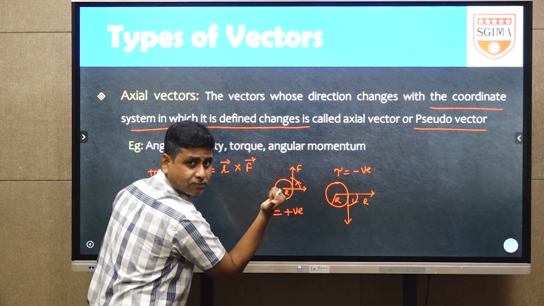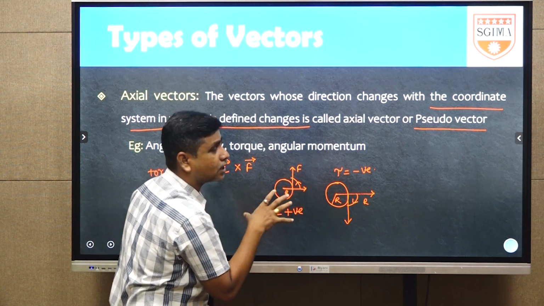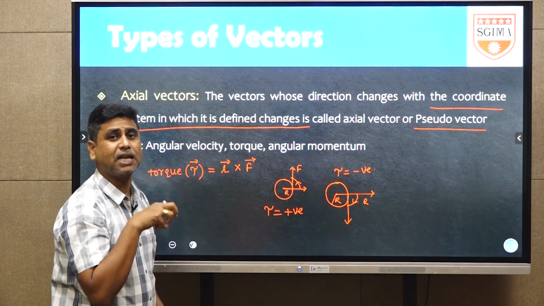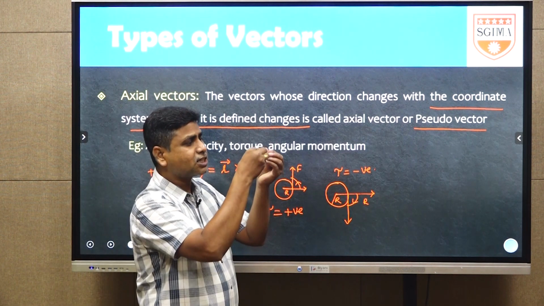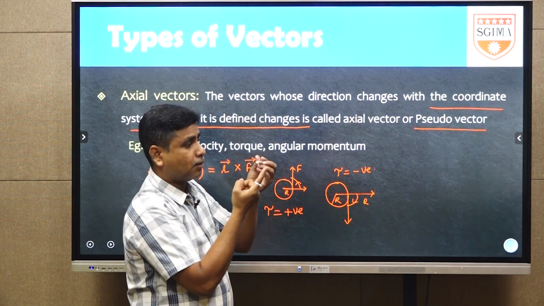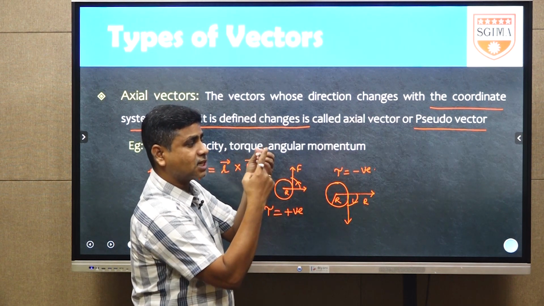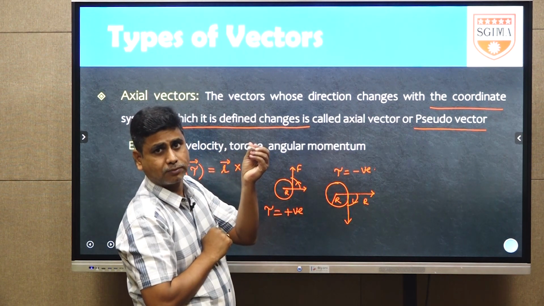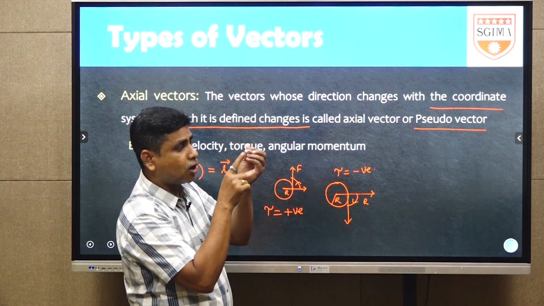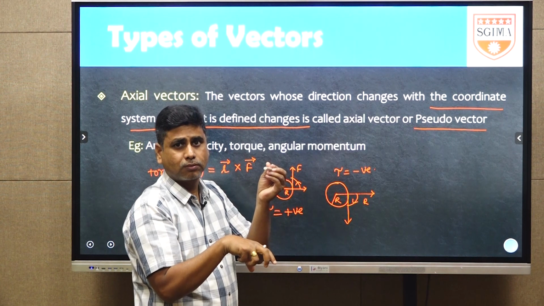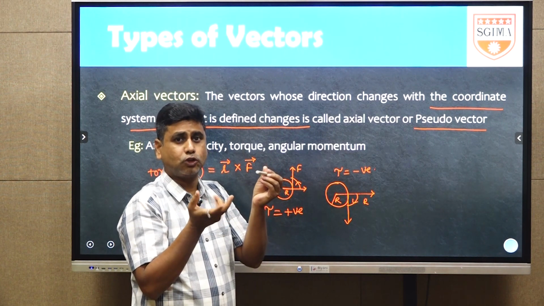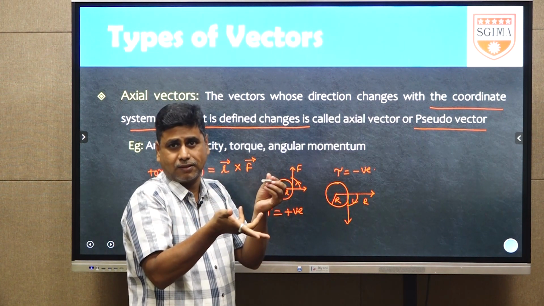That is why these vectors are called pseudo vectors or imaginary vectors. Actually no force is given in that direction, you give the force tangentially, but the body moves outward. It has direction and magnitude, but it is imaginary; you cannot show it really.